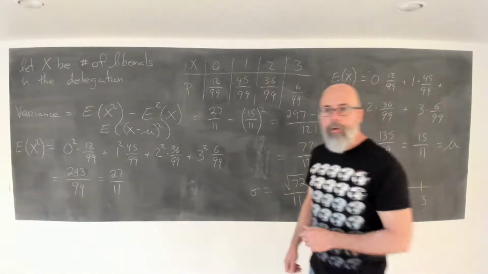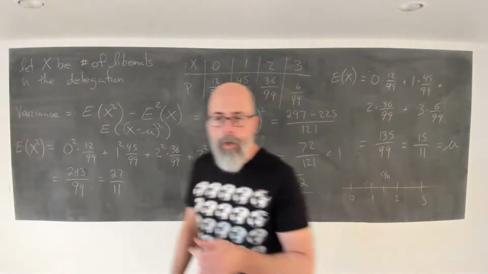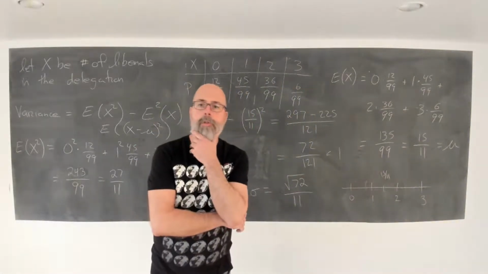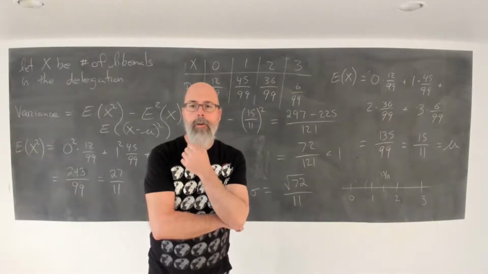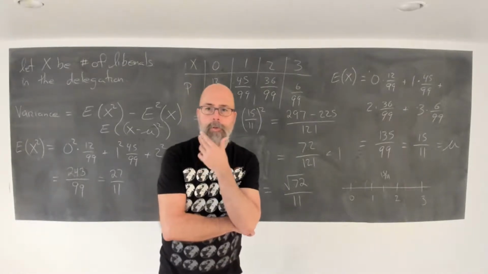Unless you've got questions, I think Brendan has a question here. How would you proceed on choosing, for example, president, VP, and secretary while accounting for the number of liberals?